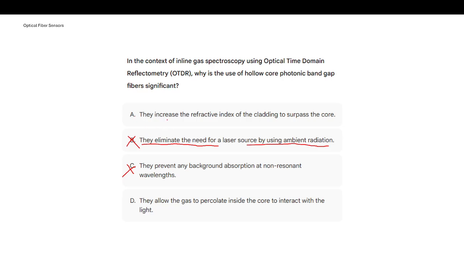So the first thing, whatever you are saying, they increase the refractive index of the cladding to surpass the core. It is not possible because the gas has nothing but very low refractive index. Just a second, I'll take my pen.